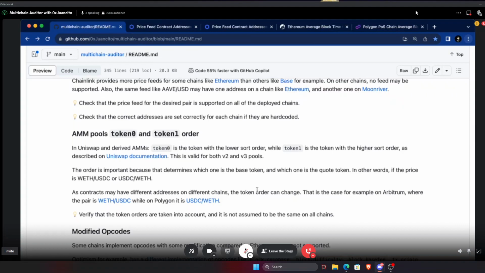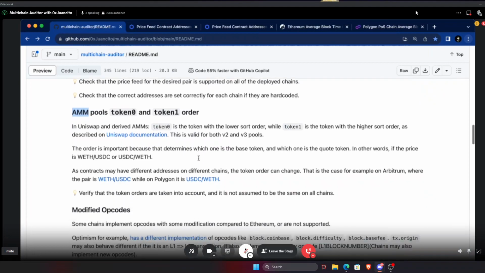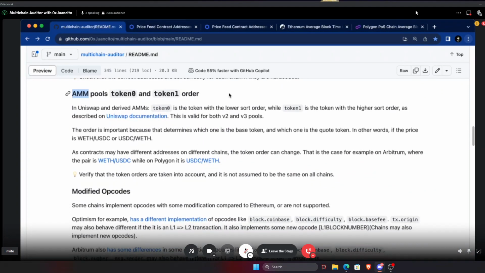But specifically talking about AMMs and Uniswap, I like to mention one specific issue that you might find here. As you know, in Uniswap, you have a token 0 and a token 1, which represents each token in the pair. And you might expect that they are the same on every chain because you have a pair that's WETH versus USD.